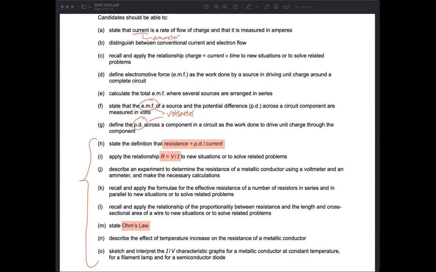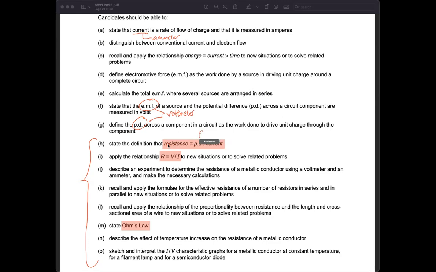We use the ammeter to measure the current, and you use the voltmeter to measure the PD or the voltage. And then you calculate the resistance. Are you clear about that? There is no resistometer out there for you to measure.